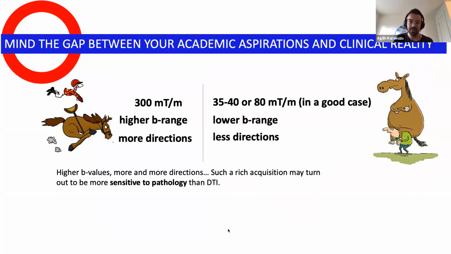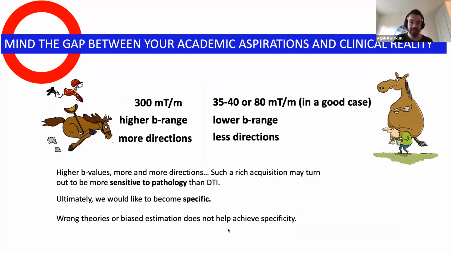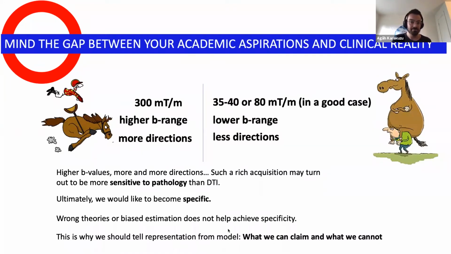And there is also this important issue of sensitivity versus specificity. Yes, the maps may become more sensitive to pathology when we crank up our scanner to the max, but ultimately we would like to become specific to the underlying tissue microstructure. And this is why we should tell representation from model, so that we can know what we can claim and what we cannot.